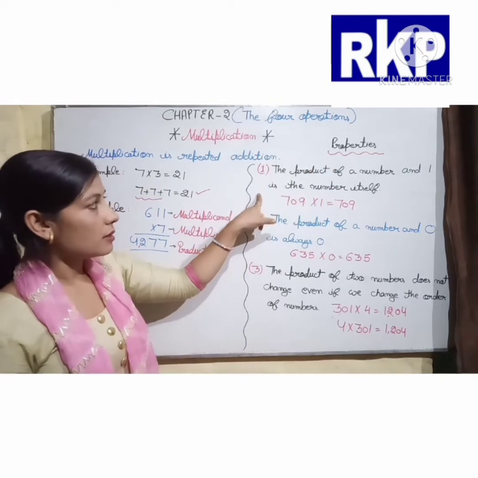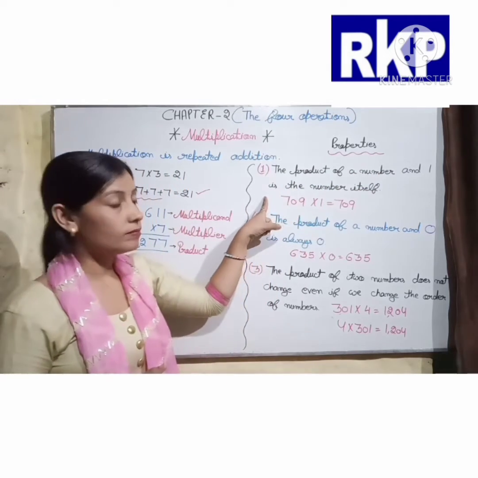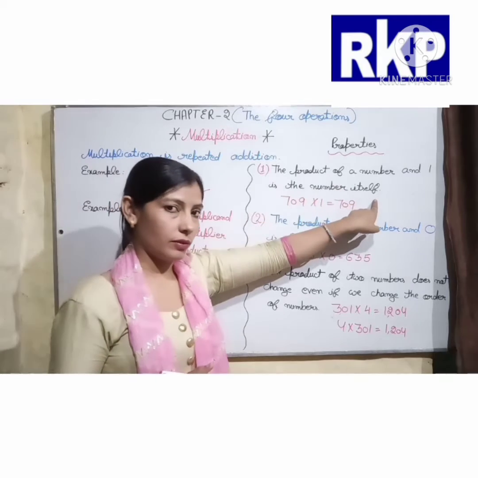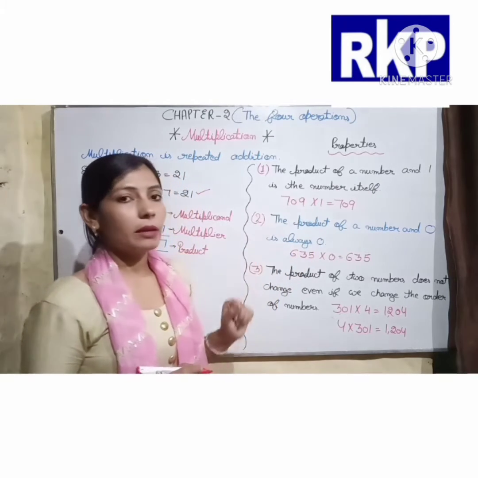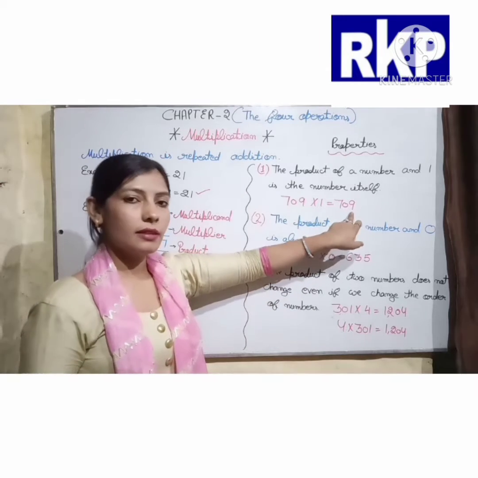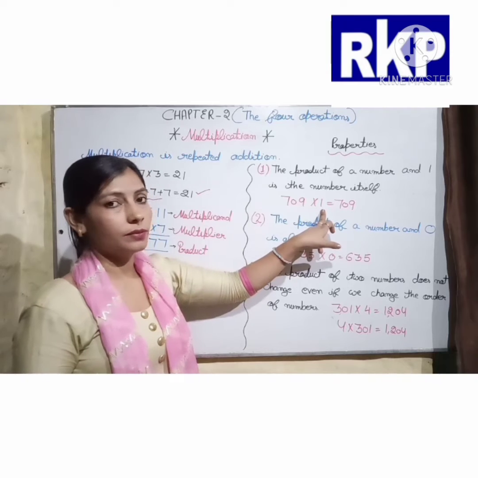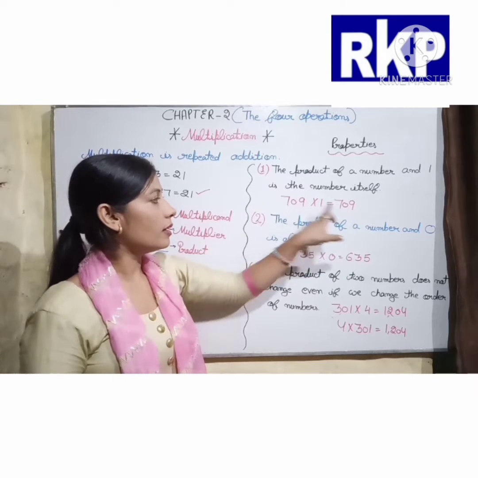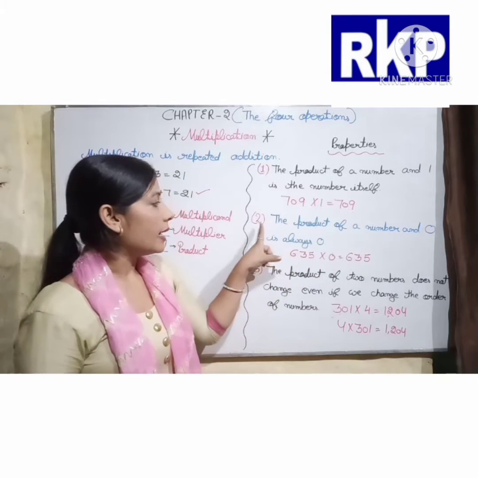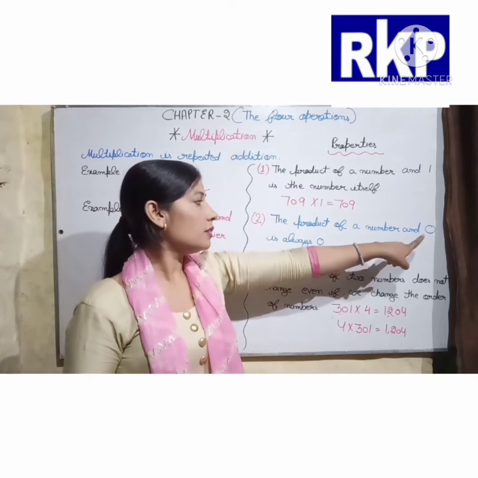Now let us see properties of multiplication. First property: the product of a number and 1 is the number itself. If we multiply a number with 1, then we get the same number. If we multiply 709 with 1, then we get 709. Next property is the product of a number and 0.